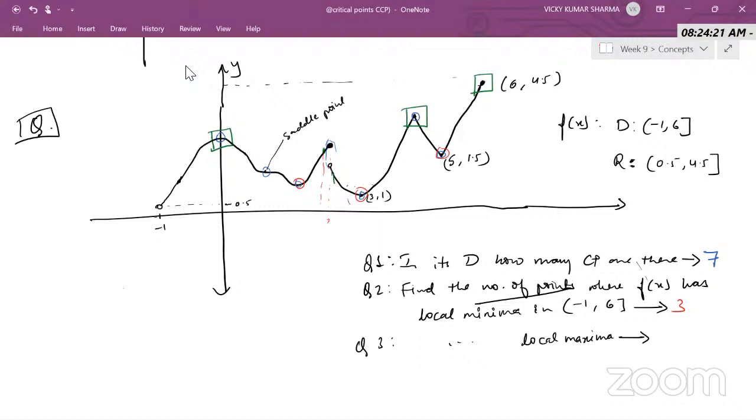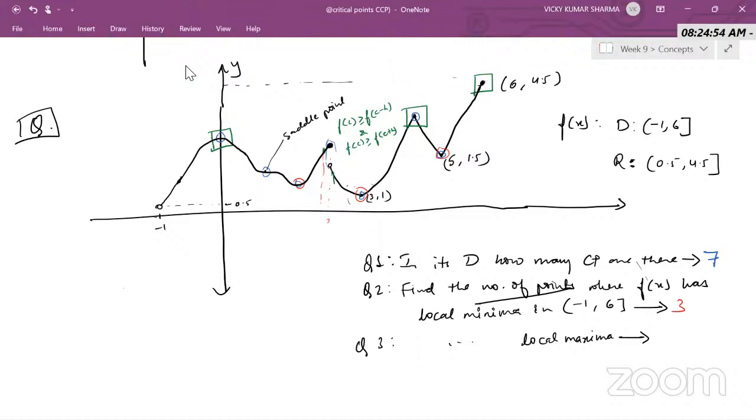When I am checking whether this is a point of maxima or not, I should check these two conditions. f of c has to be greater than or equal to f of c minus h, and, not or, f of c should be greater than or equal to f of c plus h. Over here we understood that when I take any c minus h value in this small neighborhood, f of c is greater.